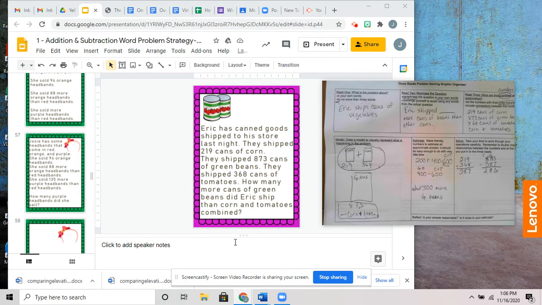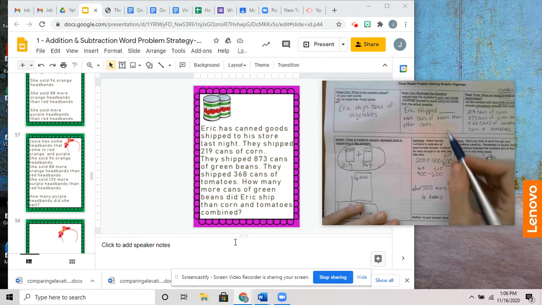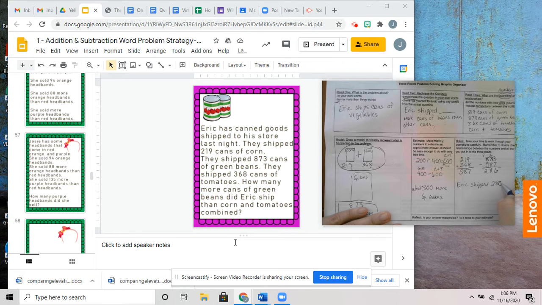All right. When we're working with these word problems, I really want you to be thorough and careful. So I'm going to actually bring my fill in the blank sentence back in since I already have that. Eric shipped, and this is where I plug in the 286. 286 more cans of beans than the other cans.